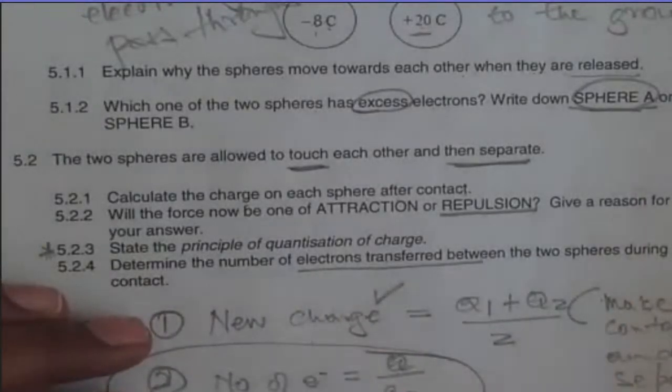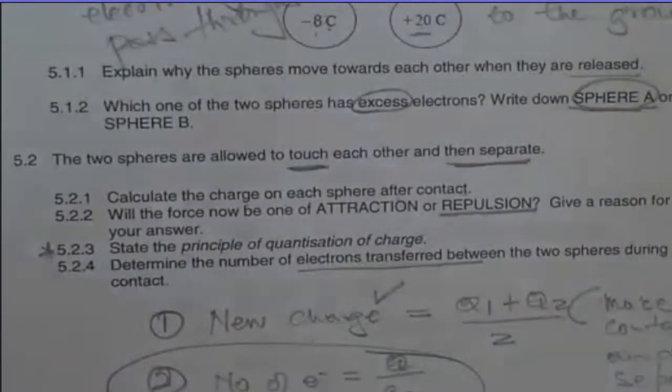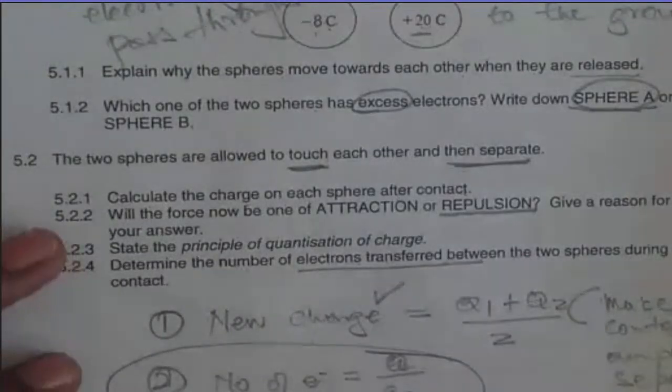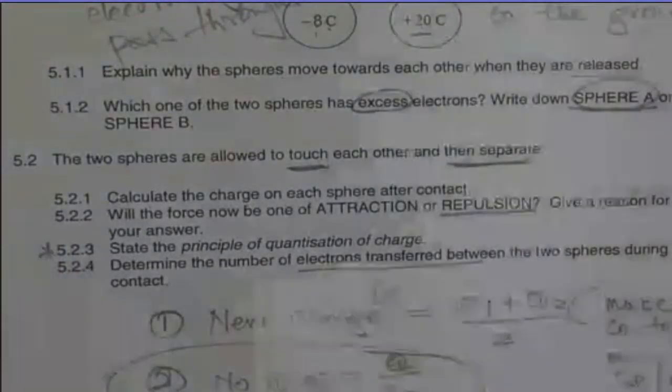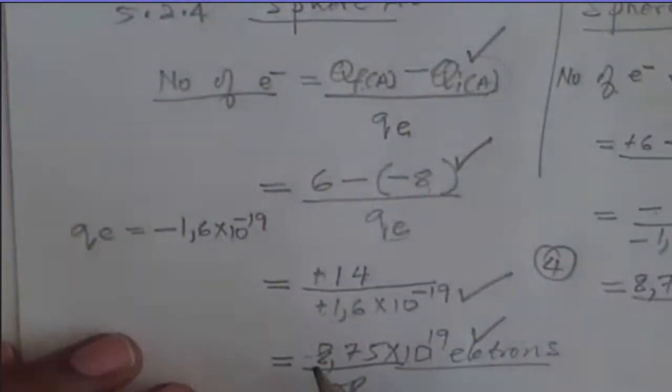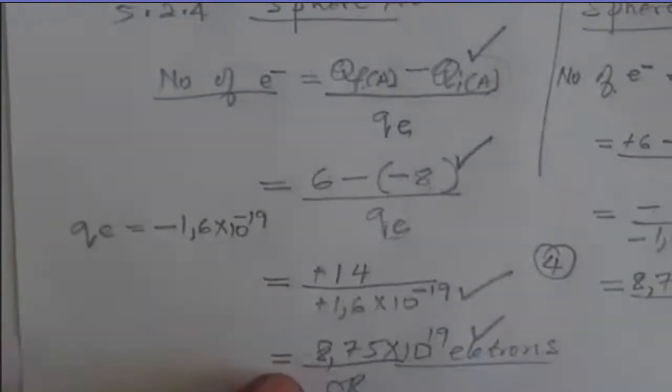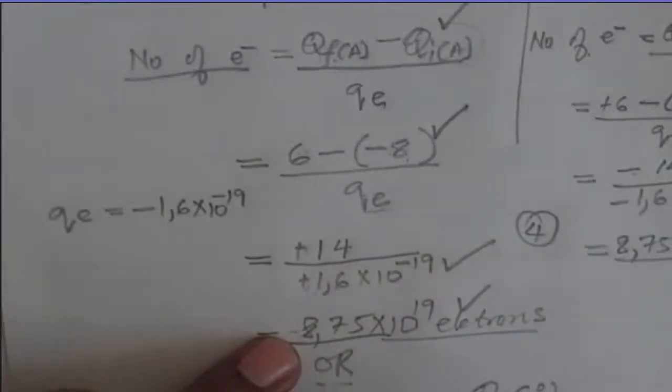We want the number being transferred from one sphere to another, so specifically we want the number being positive. This is how you count how many electrons are transferred.